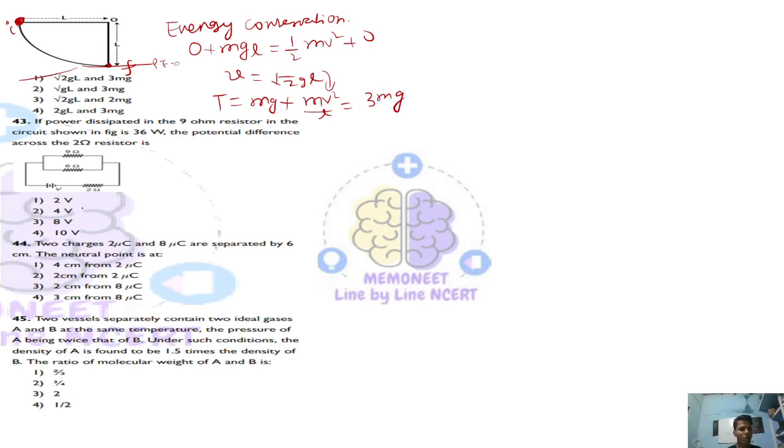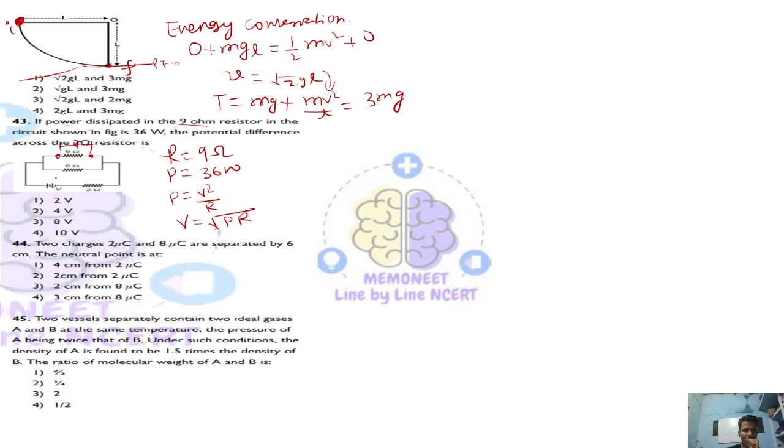Now solving question 43, it's a simple circuit based question. The power dissipated in the 9 ohm resistor is given as 36 watt. You can calculate power equals V square by R, so V is the square root of power into R. From here you can calculate the potential difference across the 9 ohm.